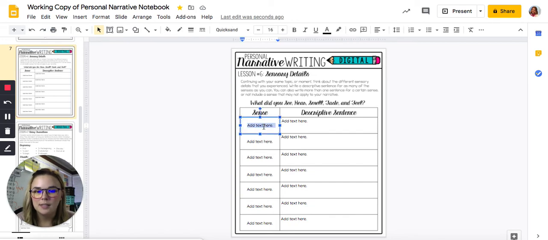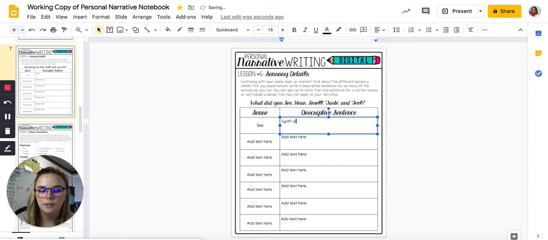But let's see, I could write something for my sense of sight, so I'll say see. And then for my sentence, I'll say Lila watched the sparkly fireworks in the sky.